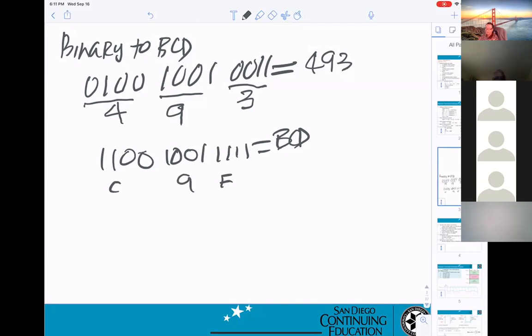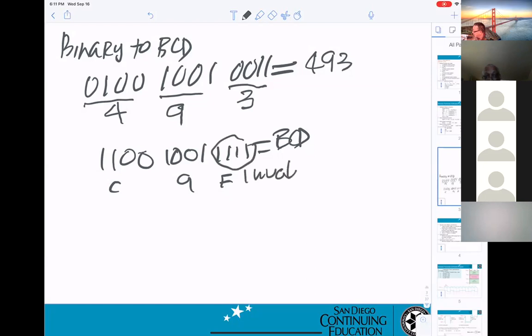BCD means binary coded decimal. What does that mean? That means the binary works like the decimal. And you understand that the decimal only goes from 0 to 9, so that will be invalid.